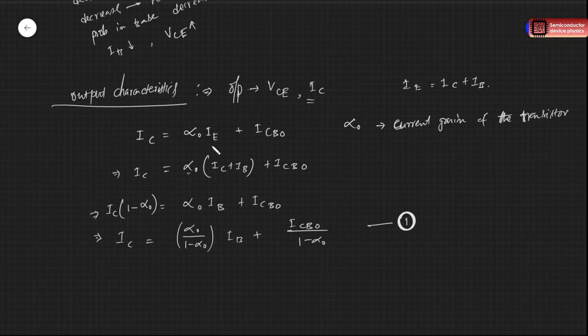But here, sir is telling current gain of the transistor, so it will go very high, no, sir? Why will it go very high? Because alpha is nearly 1, right? So it will be close to IE, right? Oh, you are trying to conclude from here? No, sir. Actually, I thought if there is a current gain, that is HFE.